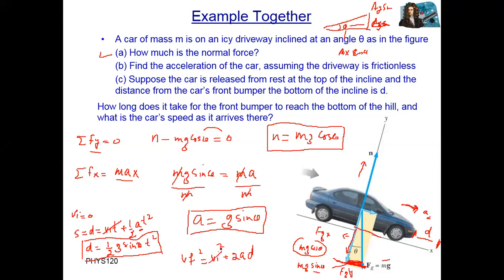Since the initial velocity is 0, we have only Vf square equal to 2ad. Then you need to put in the values: a is g sine theta, and also you can put d as 1 over 2 g sine theta t square. So you can find the final velocity. Clear? Now should I solve this one?